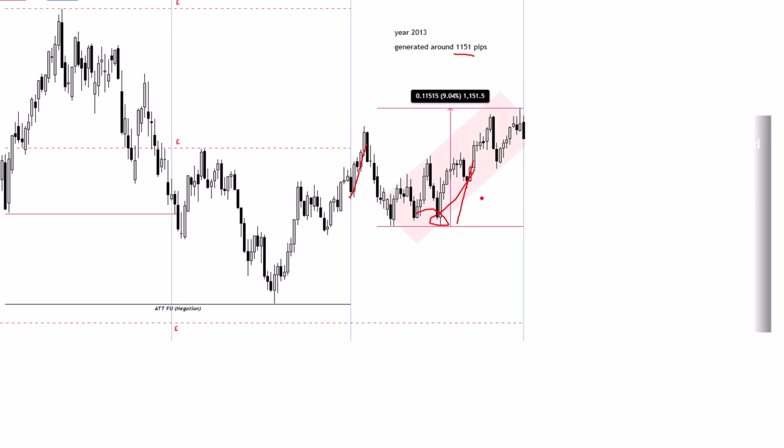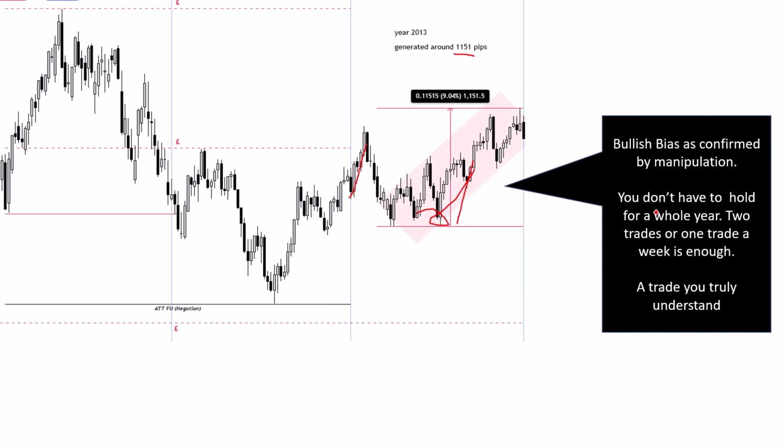Then you do not have to hold for a whole year. 2 trades or 1 trade a week is enough, but a trade you truly understand, right? What I'm trying to tell you, you can look for buy opportunity here, maybe get out of here because you understand what is going on. Maybe you have range structure going on here.